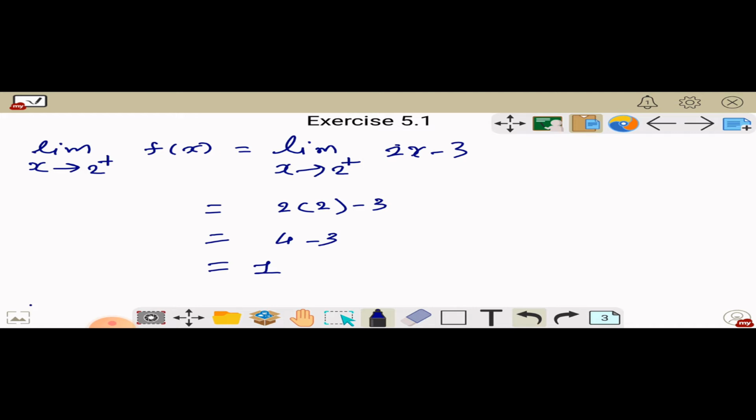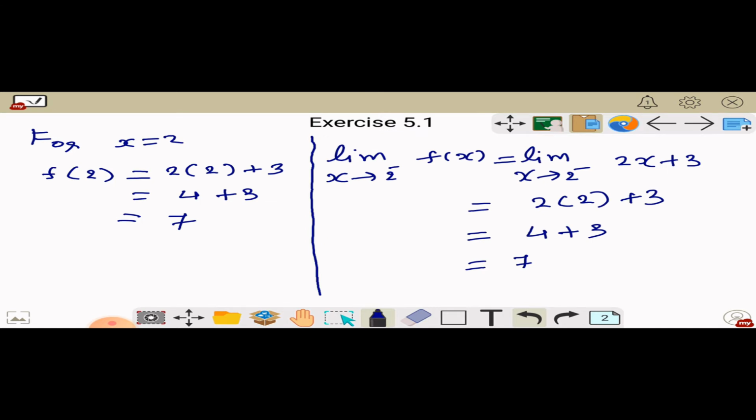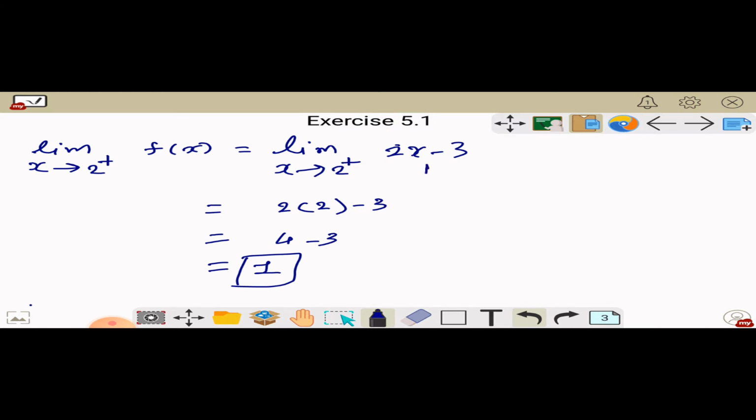So here you can see that our left limit and our right limit are not equal, right? So we can say that this function is not continuous at x equal to 2.